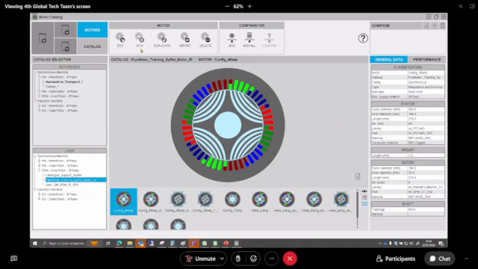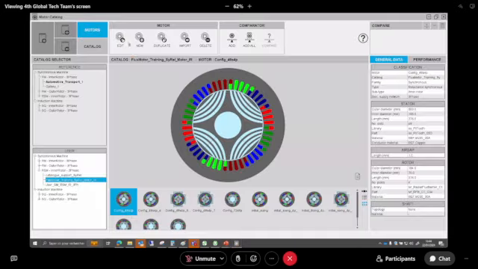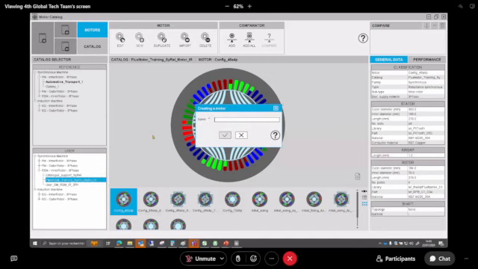And then here you can start a new motor. When you start a new motor, for sure you will start from design. I will start a new motor here. We'll call it demo. And let me put the date.